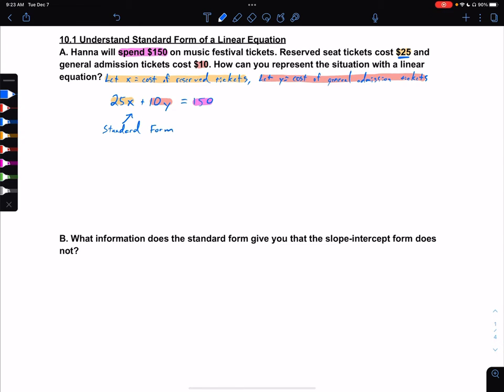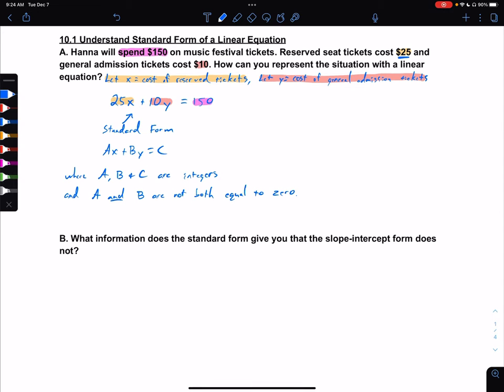Again, we're not going to worry about actually solving this, we're just going to look at what standard form is. Standard form is anything in the form ax plus by equals c, where a, b, and c are integers, and a and b are not both equal to 0.